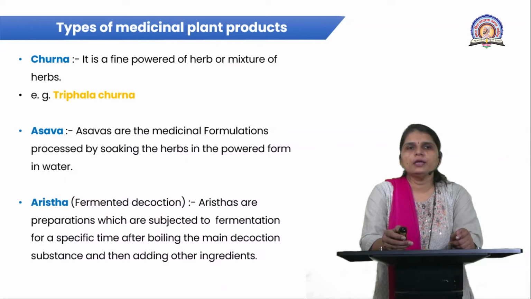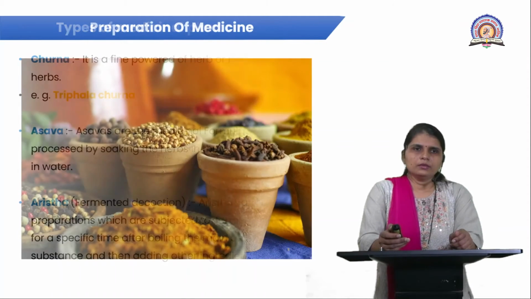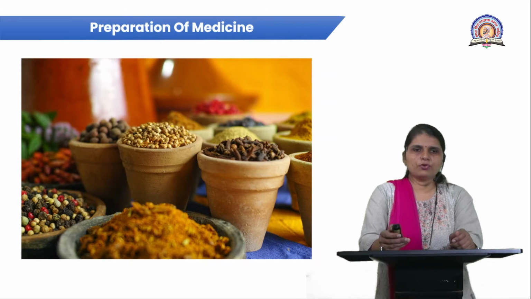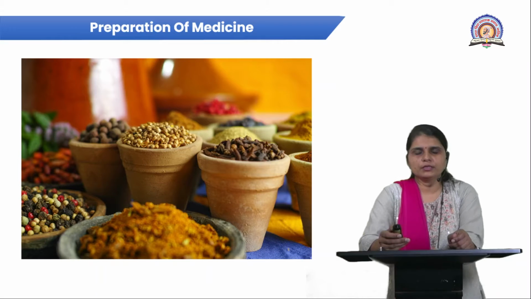These are the three main types of medicinal plant products, or Ayurvedic medicine. You have to use Ayurvedic medicine as churna, asava, and arishta. In the form of churna, asava, and arishta, you have plant medicine. Then these are pictures of plants or seeds of some plants used in manufacturing medicine or medicinal products.